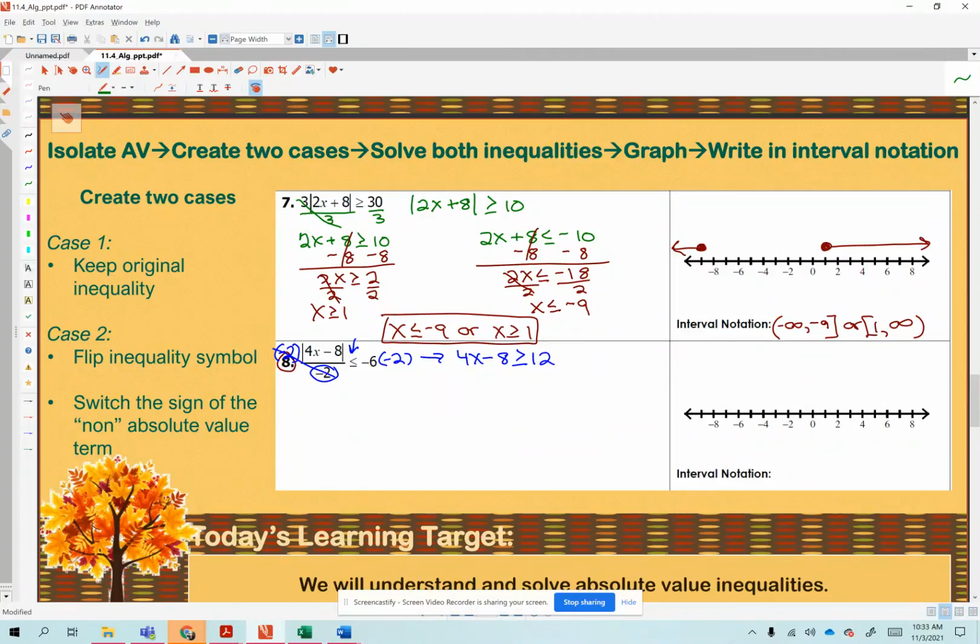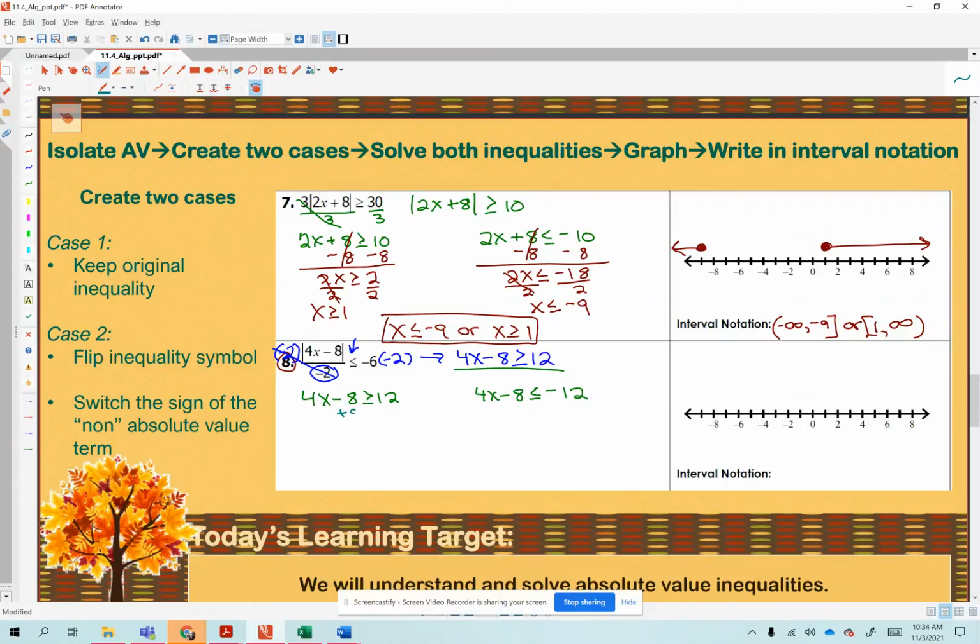In our first case, we will have the original. This is our new original inequality now that we've isolated absolute value. So we will have 4x minus 8 is greater than or equal to 12, and then 4x minus 8 is less than or equal to -12, and we will solve those.